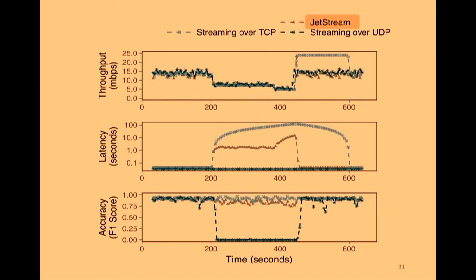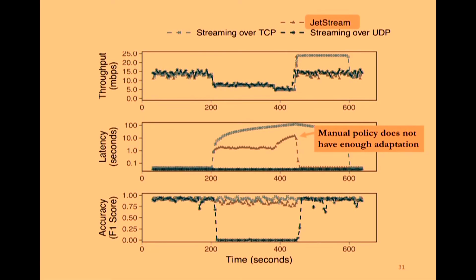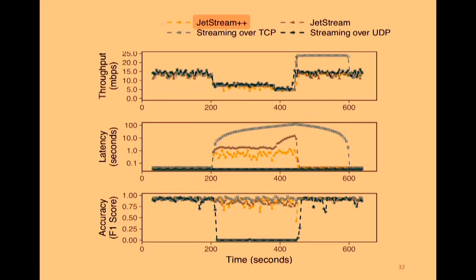For Jetstream, it can balance latency and accuracy better than TCP, but it cannot sustain severe bandwidth shaping because of the specific manual policy that it uses, and so its latency grows. Jetstream++ uses the learned profile that AWStream uses, and while it provides better bounds on the latency, it reacts to bandwidth changes too quickly and suffers from policy oscillations because of the lack of the probing phase.